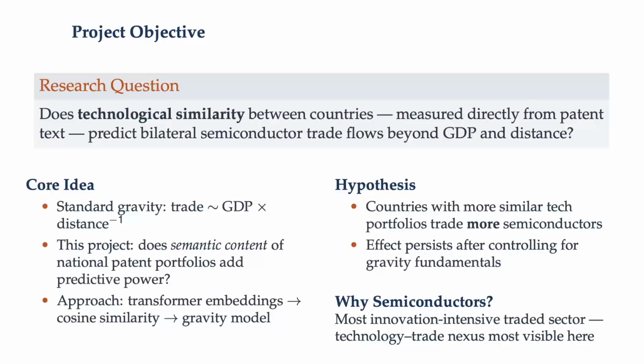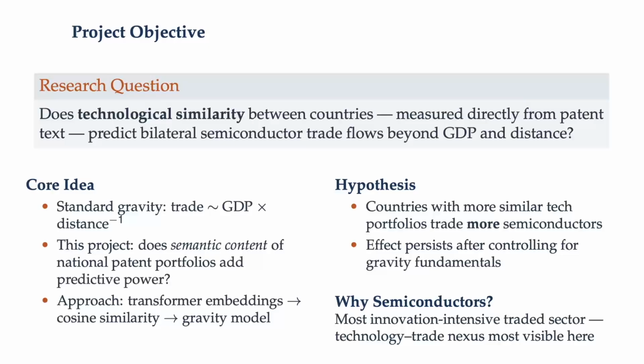The gravity is measured by the masses of two objects divided by the distance between the two objects. We all know that equation of physics, so that is the starting point. But in the trade gravity model, the gravity itself can be interpreted as trade volume.